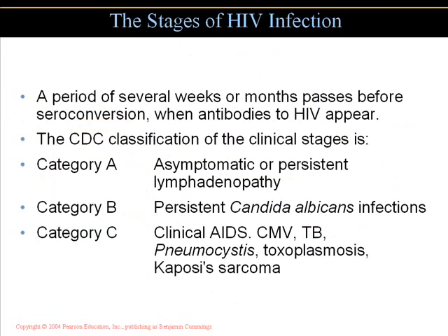Now, the stages of HIV disease. A period of several weeks to months passes before seroconversion occurs. This is when antibodies to HIV first appear. Remember the definition of seroconversion. Our body has now mounted an immune response in which it develops antibodies that would attack a foreign invader such as the HIV virus.